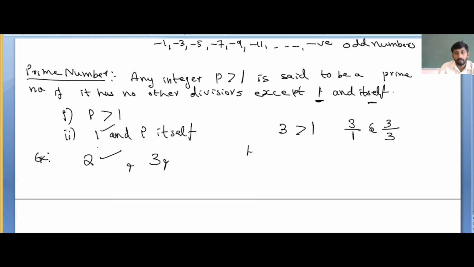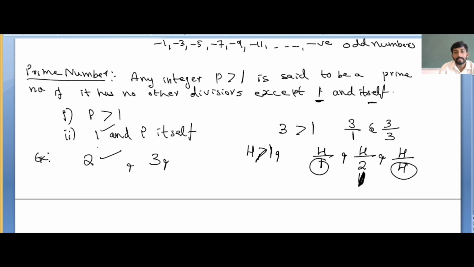What about 4? Check. 4 is greater than 1. Okay, the first condition holds. Tell me the numbers which divide 4. The first number is 1, right? 1 divides 4. Then 2 divides 4. Then 4 divides 4. Here see, other than 1 and 4, you are finding one more number, that is 2.